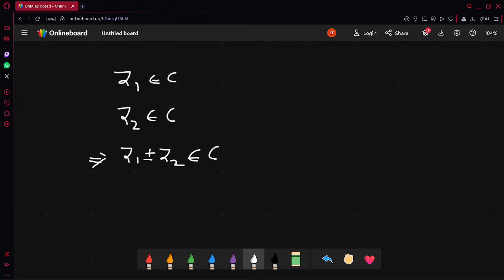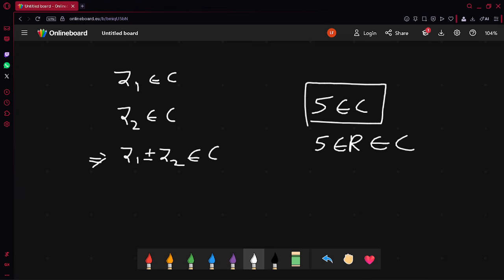If you have two complex numbers and you add or subtract them, and let's say your i gets removed, like not your real i, but iota, and you get a real quantity 5, 5 still belongs to the set of all complex numbers, because 5 belongs to real numbers, and real numbers belong to complex numbers.